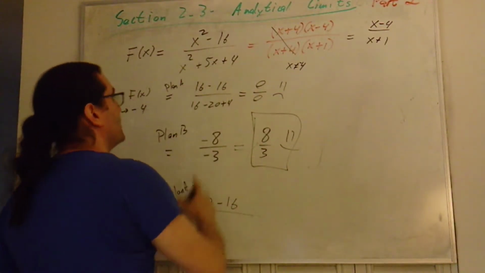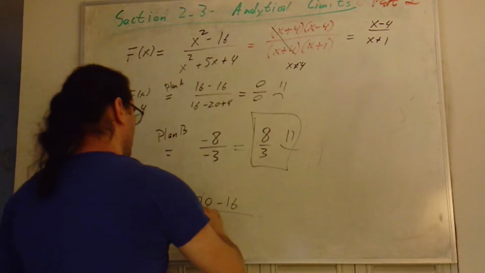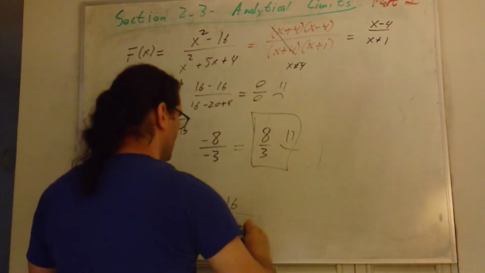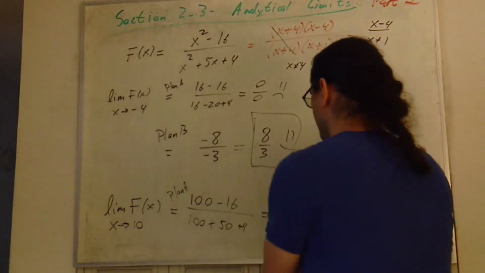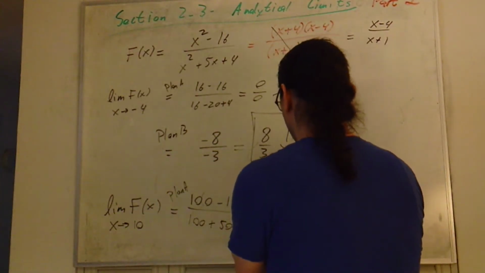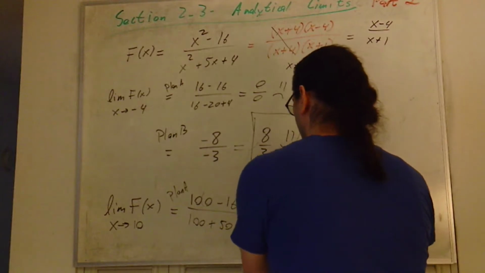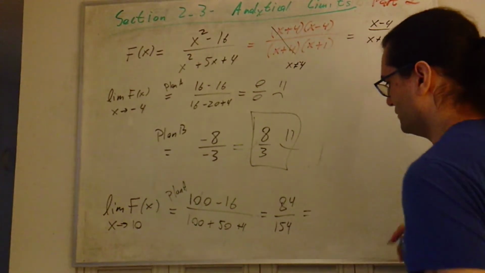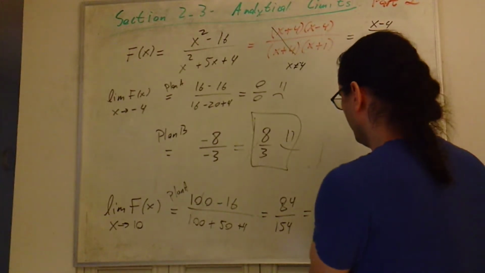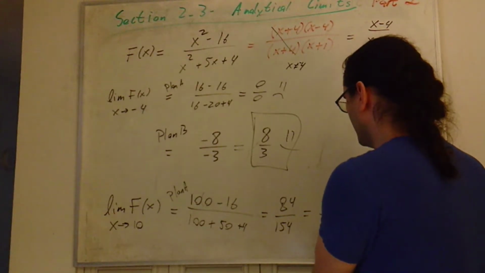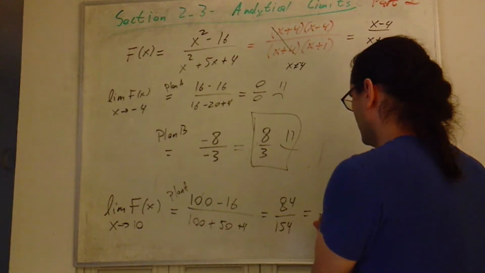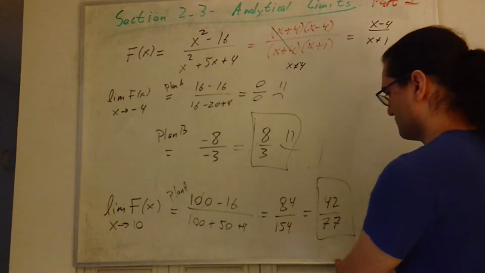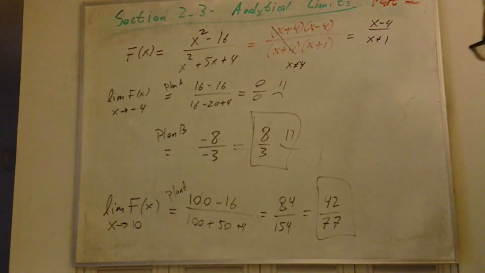Give us 100 minus 16 divided by 100 plus 50 plus 4, which is 84 over 154, which simplifies into 42 over 77. It's a good number. I'll take that number.